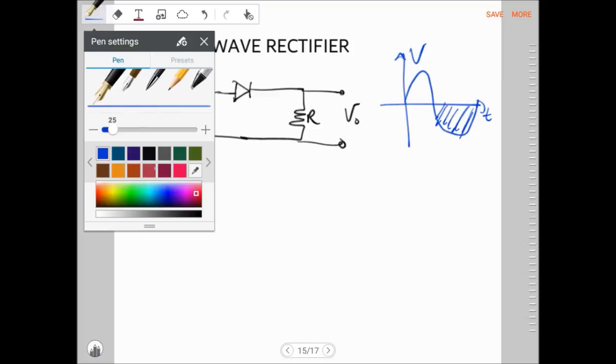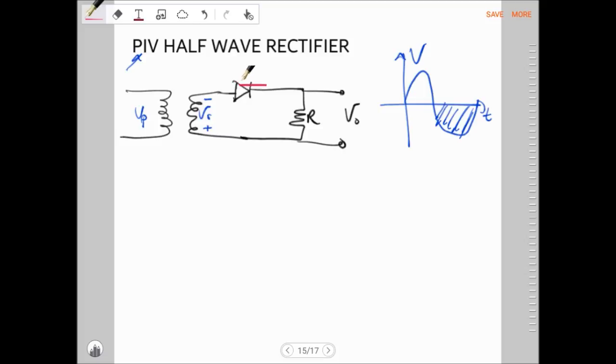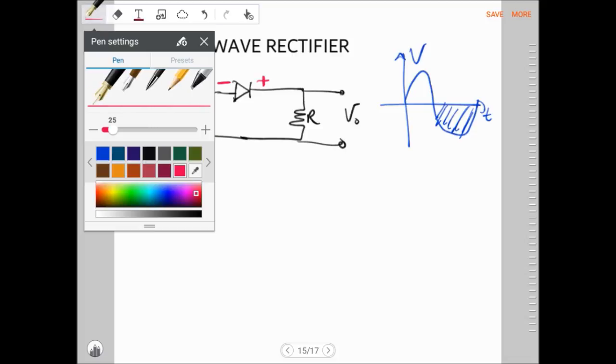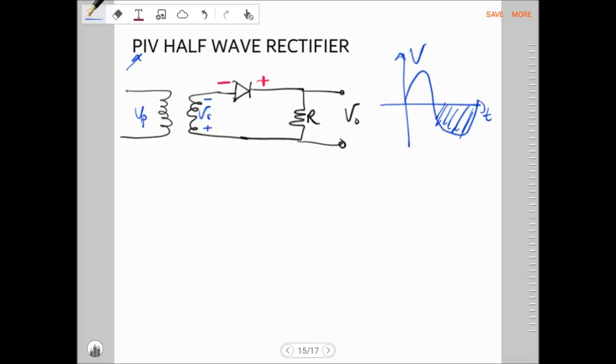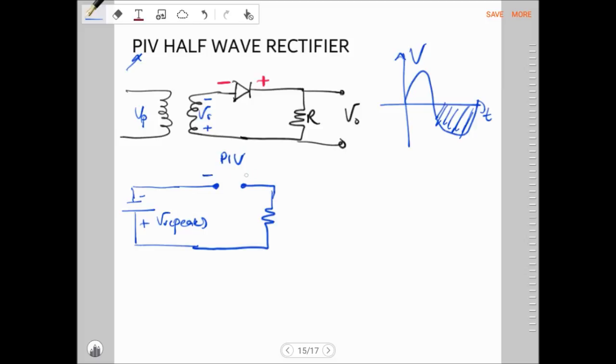So the polarity of the peak inverse voltage, with the diode in reverse, will be negative here and positive here. If I redraw this so we can do a KVL, it's as if you have a battery, negative here and positive here, of VS peak, and then you have the peak inverse voltage, and there's your resistor. The polarity of the peak inverse voltage will be minus, plus here.